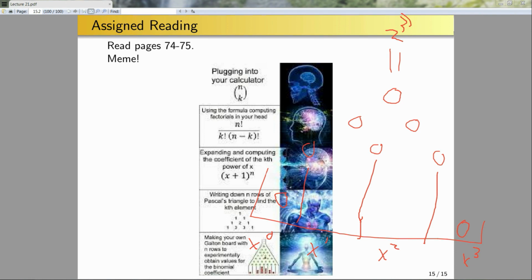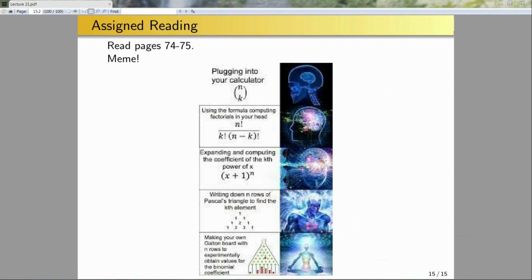So on average, if you did that experiment, you would end up with this expression here. It's not necessarily the best way to do it, but that's what this last bit is hinting at. We may talk about this later when we start discussing probability. Okay, so have a wonderful long weekend and definitely enjoy the well-deserved break. I will see you next week.